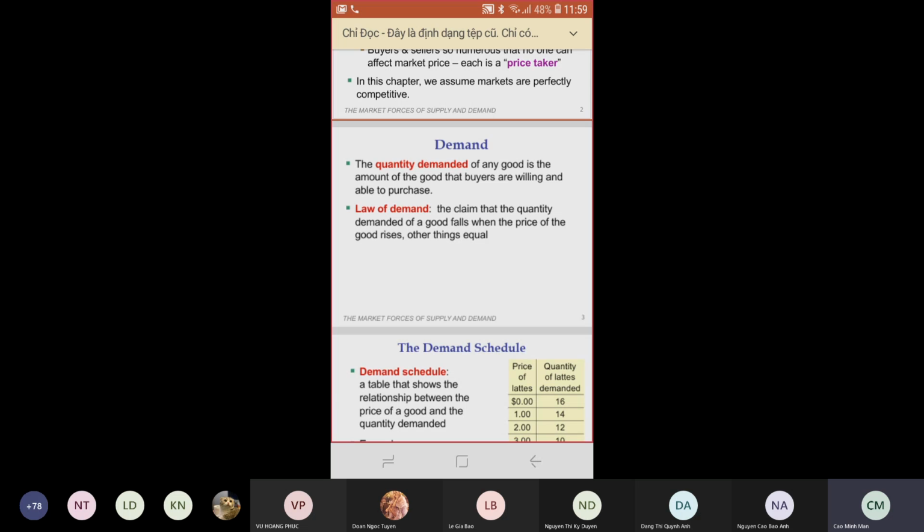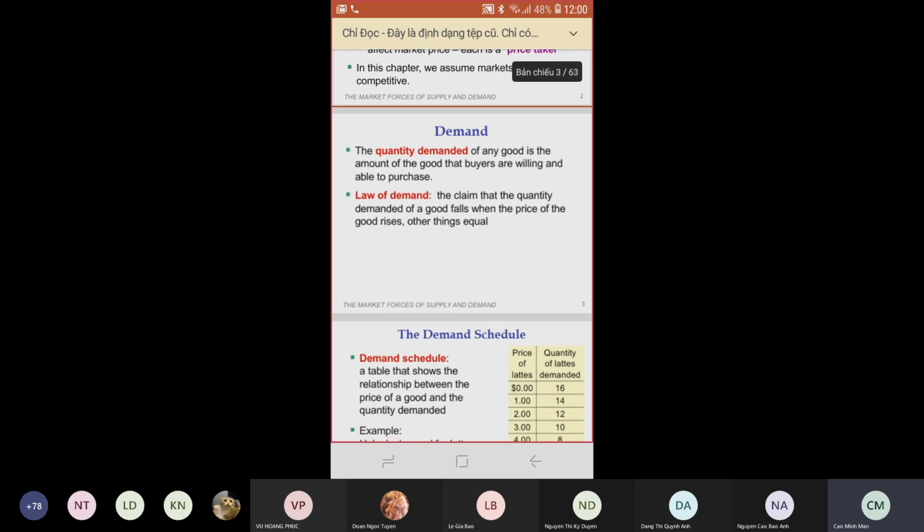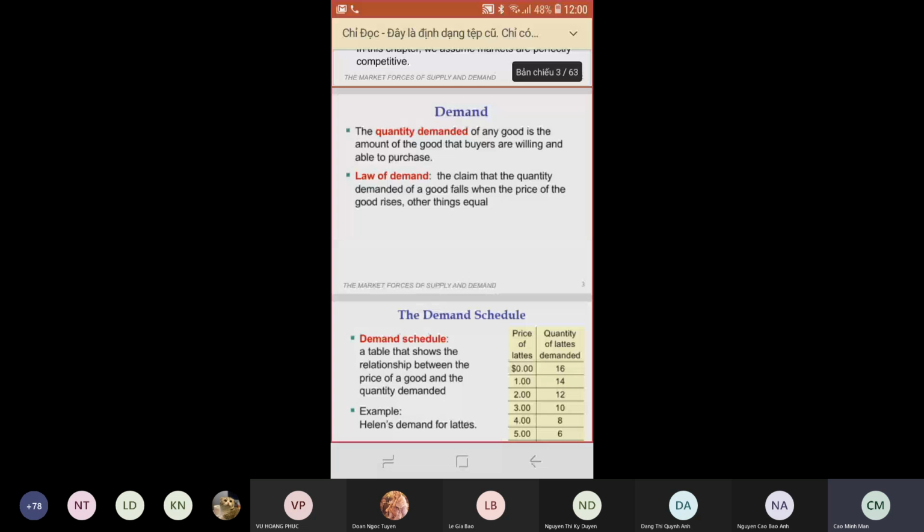Demand is the quantity of products the buyers are willing to buy. Quantity demanded or demand, which means the quantity of products buyers are willing to buy.